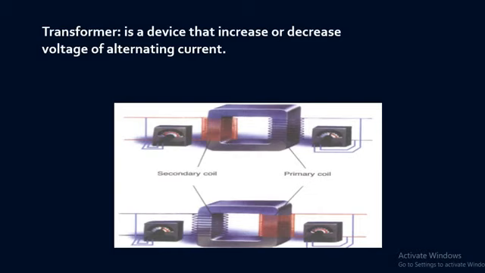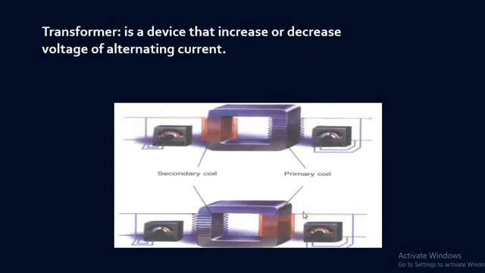Step up has fewer loops in the primary coil than in the secondary coil. So in here we can call this one a step up transformer because the primary coil has fewer loops than the secondary coil. So the voltage of the electric current in the secondary coil is higher than the voltage in the primary coil.